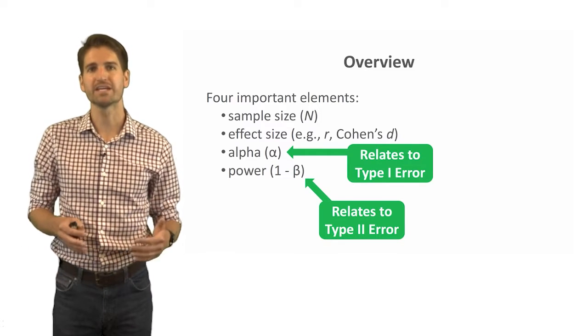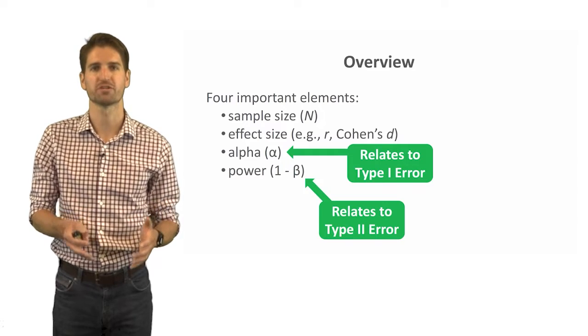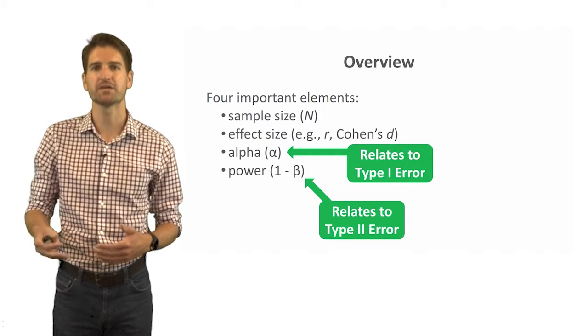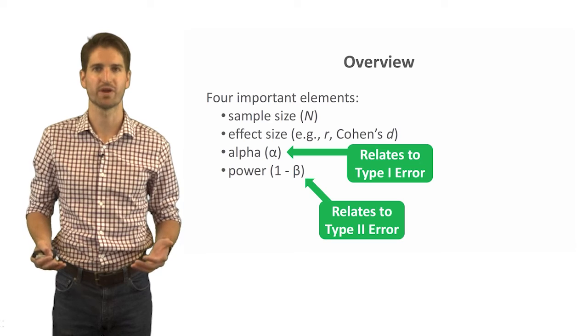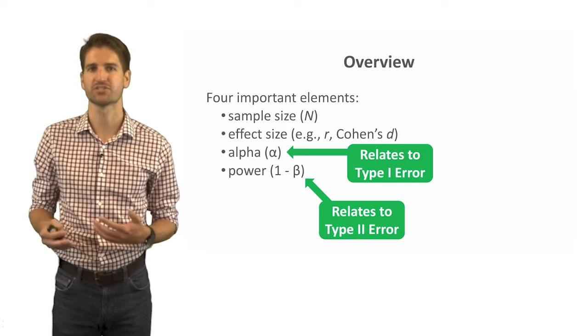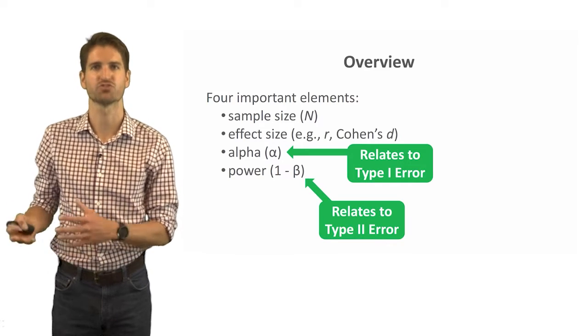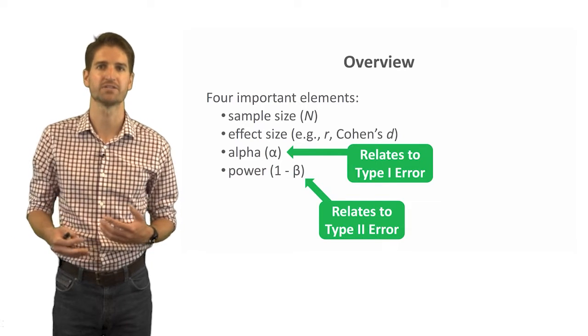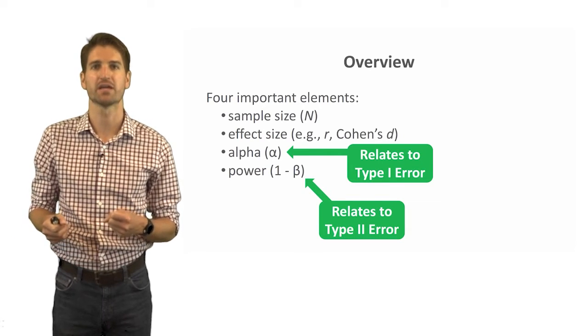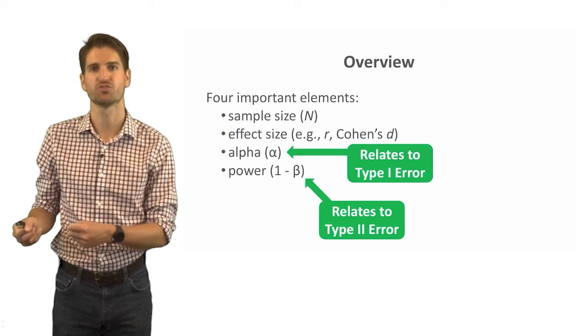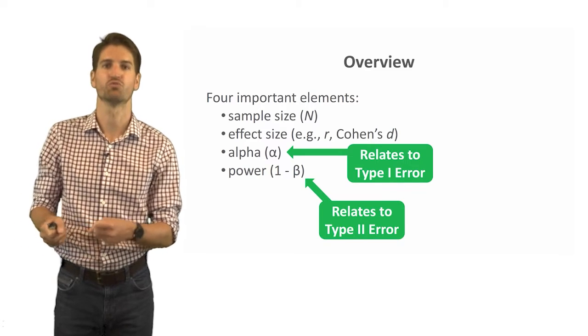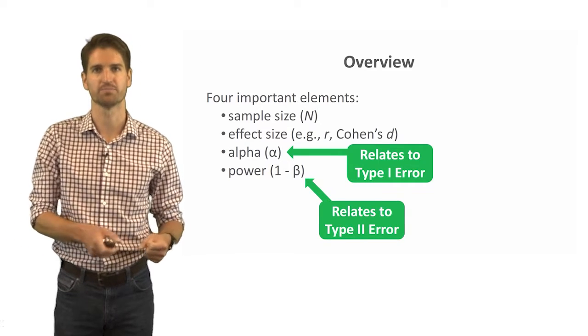Now, the beta in the power, so remember power is represented by 1 minus beta, beta by itself relates to type 2 error. And so power analysis is really about addressing type 2 error, while also recognizing the sacrifices you might make when it comes to addressing type 2 error in relation to what type 1 error might become.